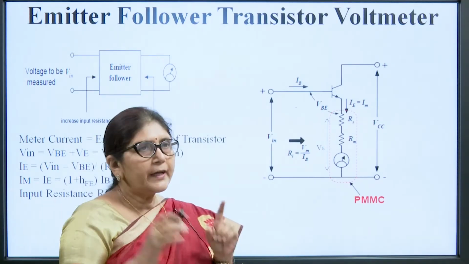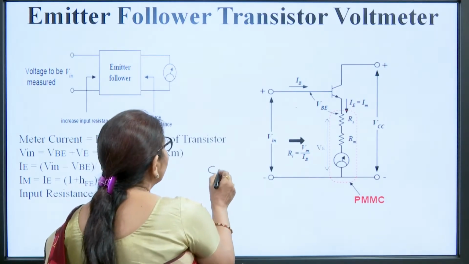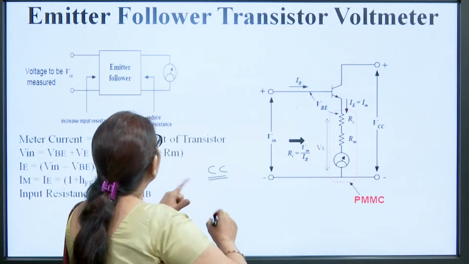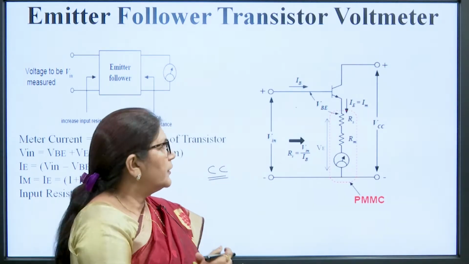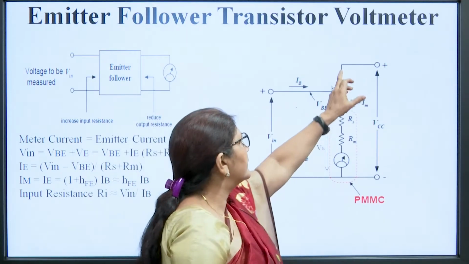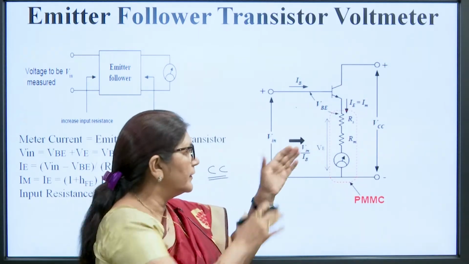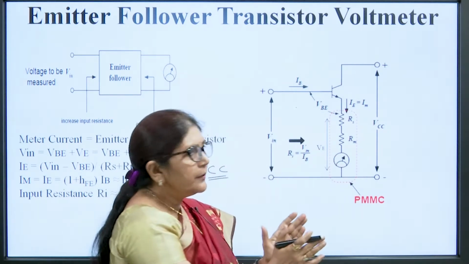Here we are using the characteristic of the common collector configuration, CC, which is also known as the emitter follower. In common collector configuration, we take the output from the emitter, and the collector is kept common between input and output.